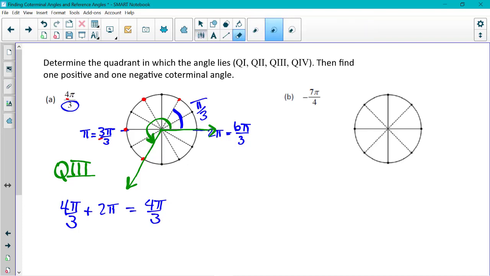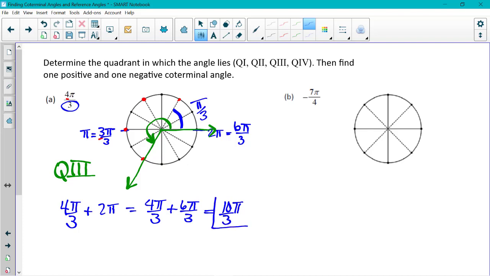To find the equivalent for 2 pi, you just double the denominator: 3 times 2 is 6. So then it's adding fractions. 4/3 plus 6/3 is 10/3. So I have 10/3 pi. This is the next positive angle that's coterminal. If I wanted another positive angle, I would add another 6 pi over 3, or 2 pi.